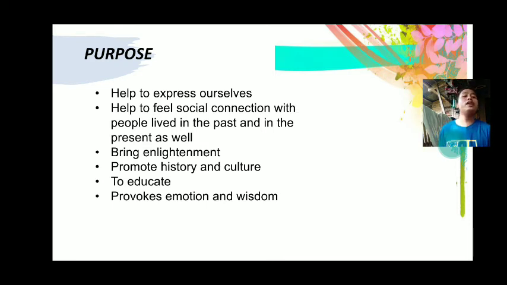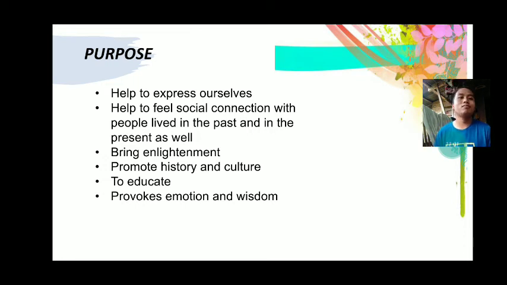Then next, it helps to feel the social connection with people who lived in the past and in the present as well. Of course, social connection in the present is proven, but how about in the past? Just by reading history books coming from the humanities, you can now interact with the happenings in the past: heroes' sacrifices, cultures, and other historical events.